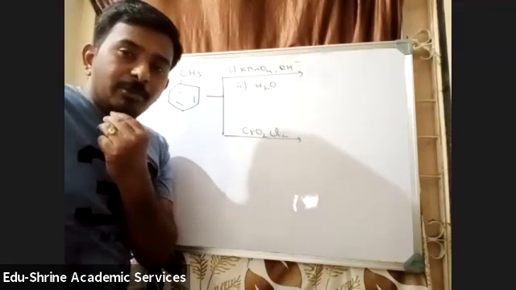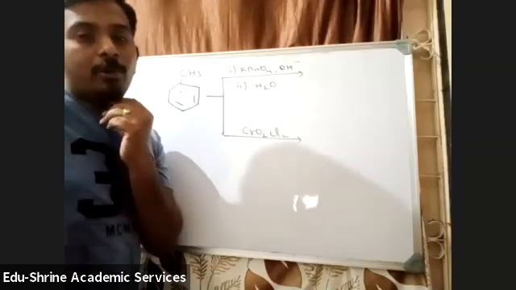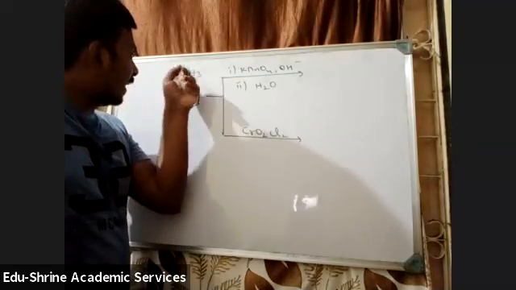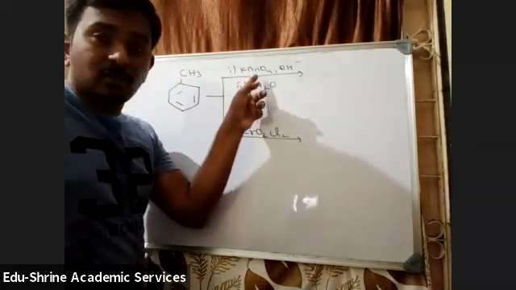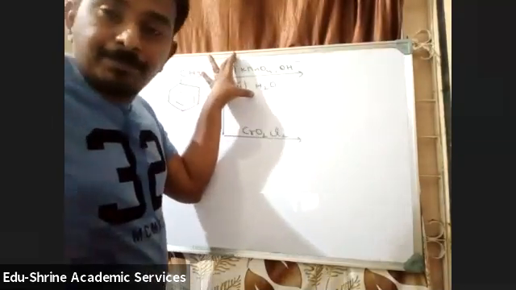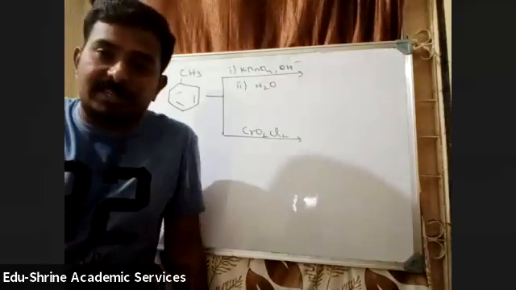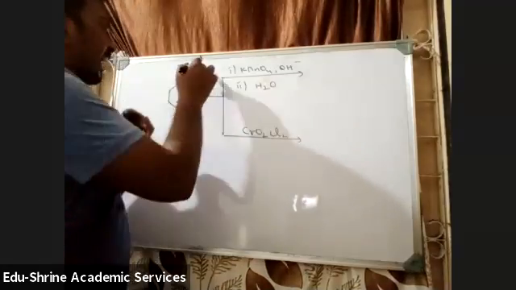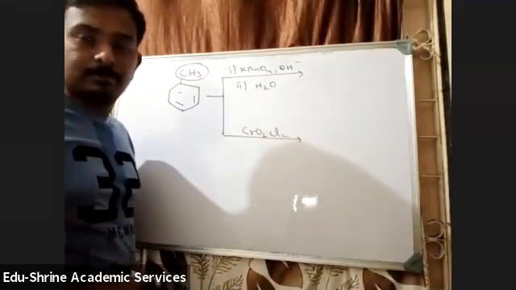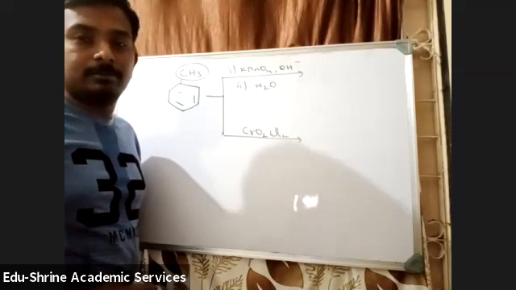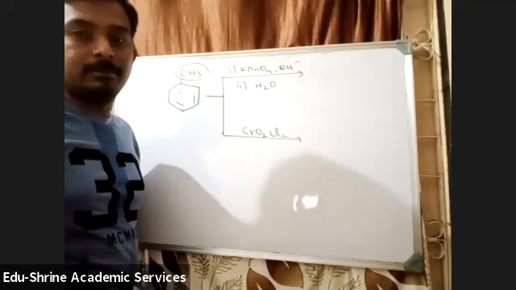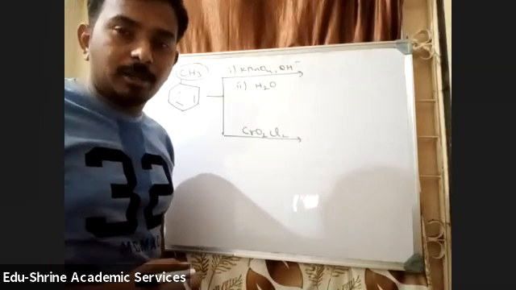What happens when you treat any compound which is containing an alkyl group on benzene ring with this compound? What is the function of this, students? Oxidizing agent, right? Alkaline KMnO4 is an oxidizing agent. It will oxidize this side chain to what?